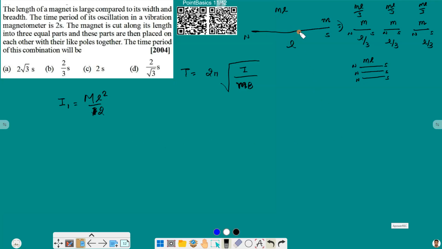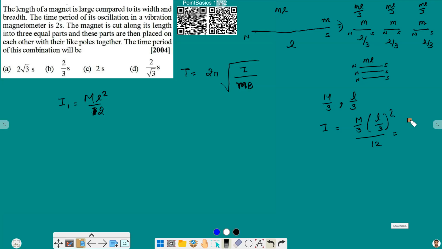Now when we break or split this rod into three equal pieces, the mass of each piece is capital M by 3 and its length is L by 3. So the moment of inertia about the center of one piece will be M L square, that is (L by 3) square, divided by 12.